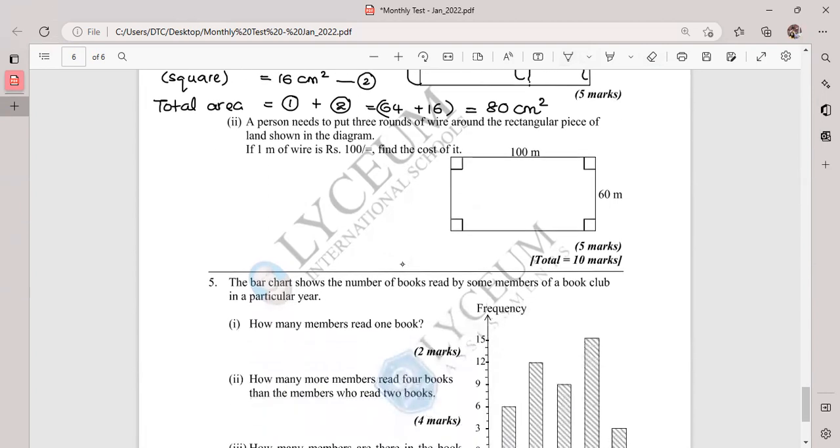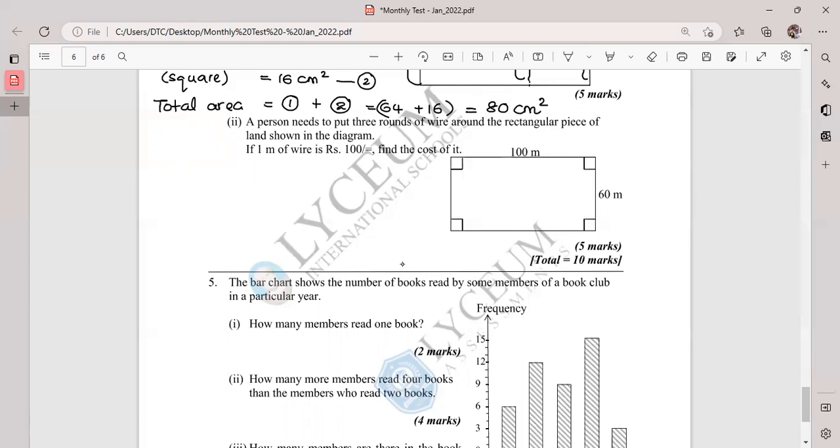A person needs to put 3 rounds of wire around the rectangular piece of land. Around. What is the measurement they are talking about, children? Is it area? No, no. It is perimeter, right? If you go around a particular shape, that means we are talking about the perimeter.